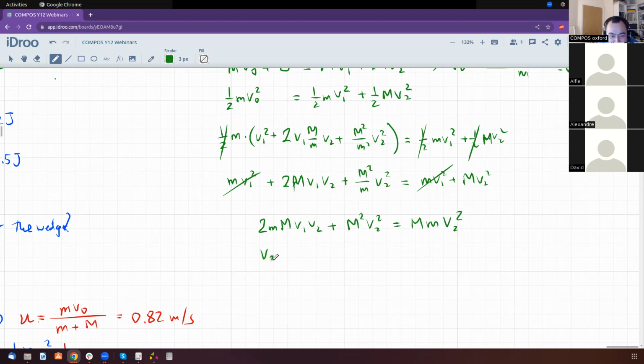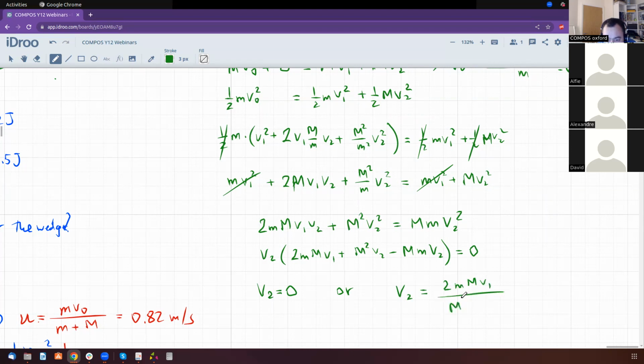So v2, open bracket, 2mM v1 plus M squared v2 minus mM v2, and that's equal to 0. So either v2 is equal to 0 or v2 is equal to 2mM v1 divided by M squared minus mM.